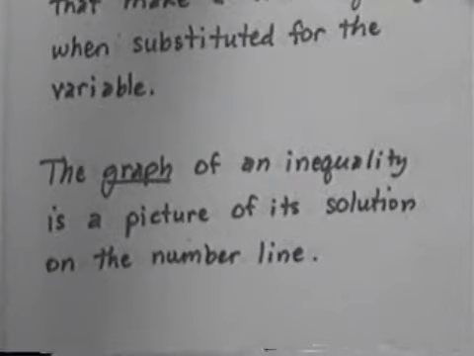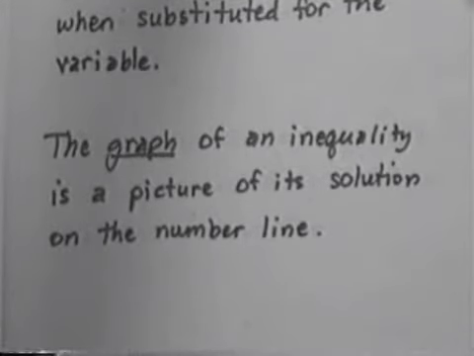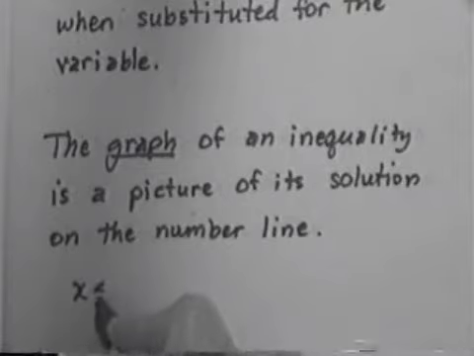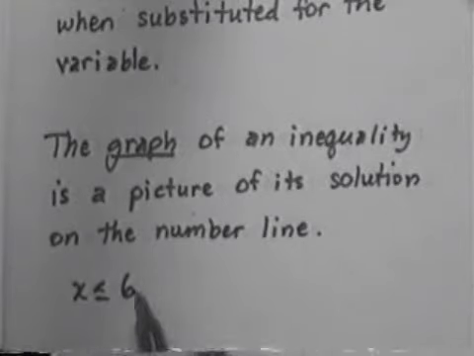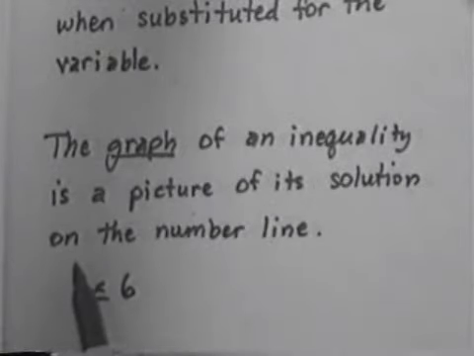As we graph an inequality, let's consider, for example, the graph of x is less than or equal to 6. We want to show on a number line a picture of all the numbers that make this inequality true.